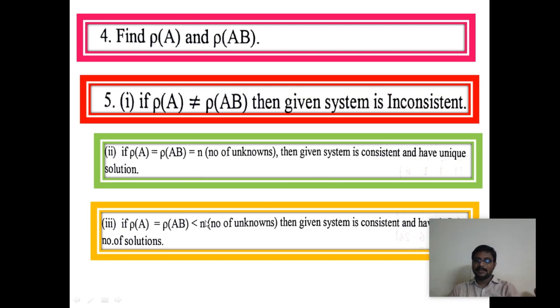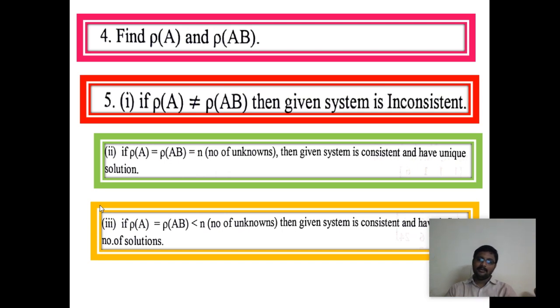If the rank of A is equal to the rank of AB and is less than the number of unknowns, then the system is consistent and has an infinite number of solutions. So these three conditions, don't forget, the rank of A and the rank of the augmented matrix decide the consistency and inconsistency of the given non-homogeneous system of simultaneous linear equations.